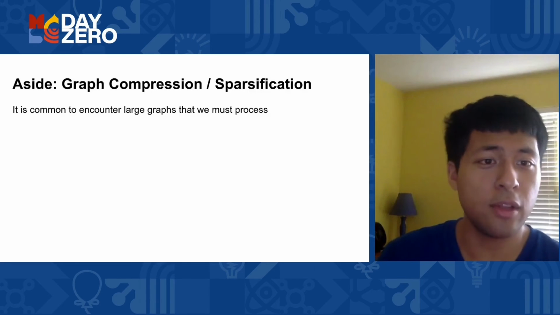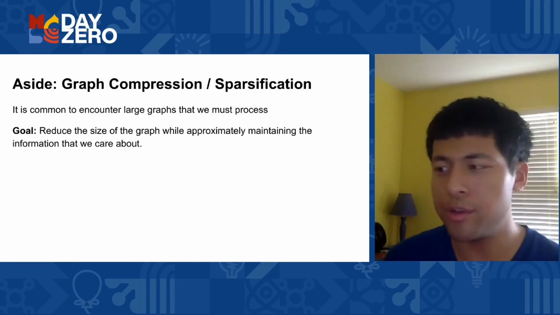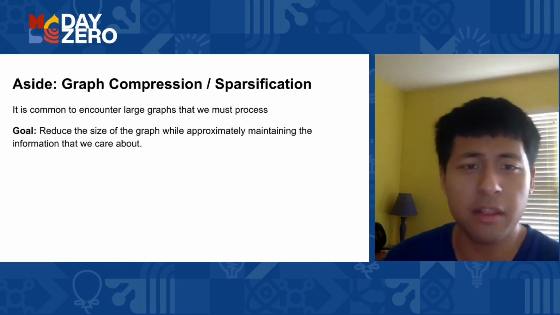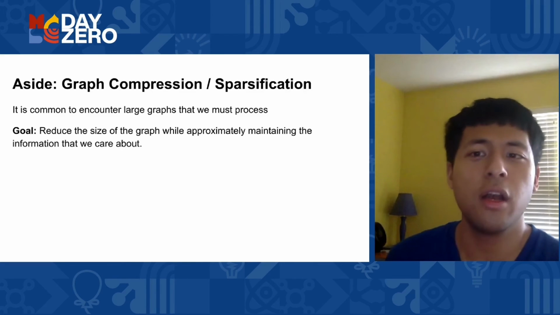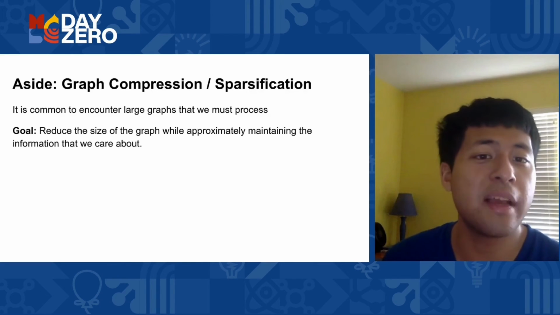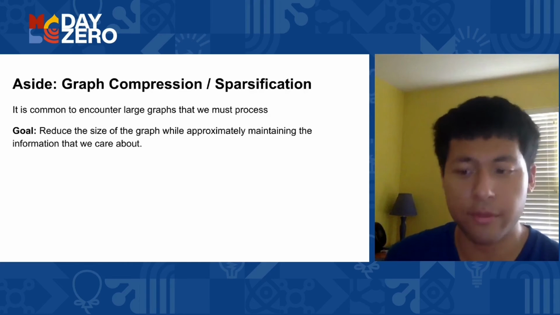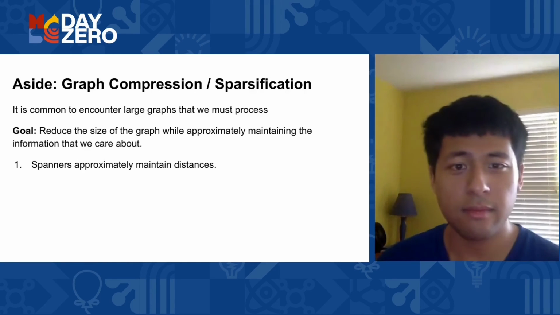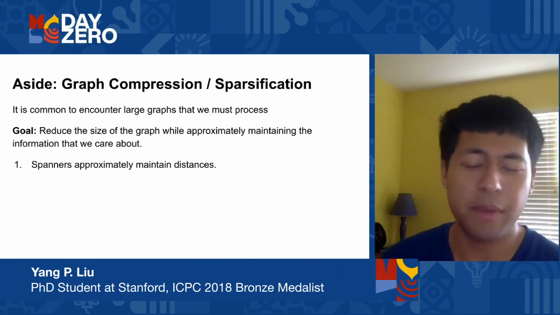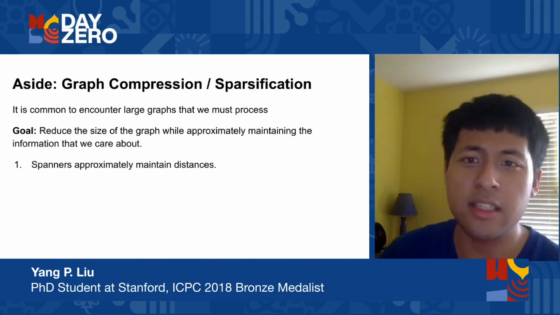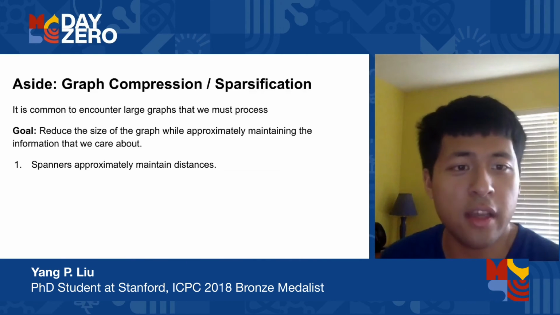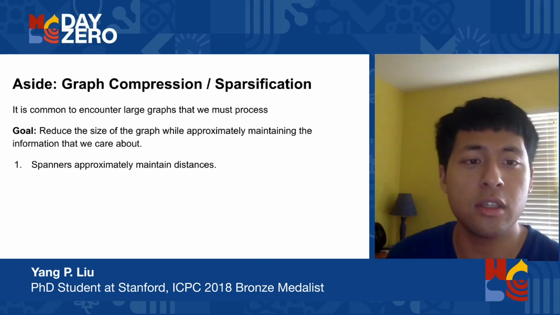So for example, your goal can be to reduce the number of edges in the graph, or maybe the number of vertices, while approximately maintaining the information that I care about computing on the graph. For example, spanners approximately maintain distances. So if I only care about distances in my graph and not any other quantities, then spanners would be a great object to use.